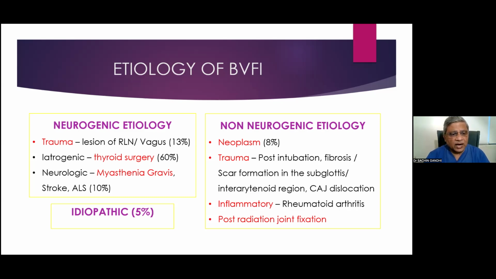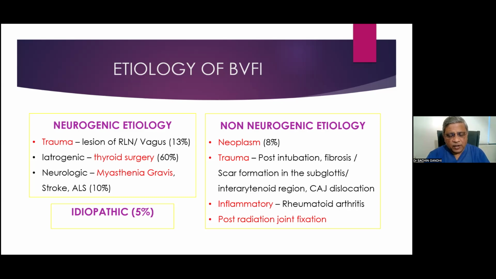It could be iatrogenic because of thyroid surgery. Many other surgeries like anterior neck or cardiothoracic surgeries can come to us as bilateral abductor paralysis because of trauma to the recurrent laryngeal nerve. Or it could be central neurological origin as well, like myasthenia gravis, stroke, and some other conditions.